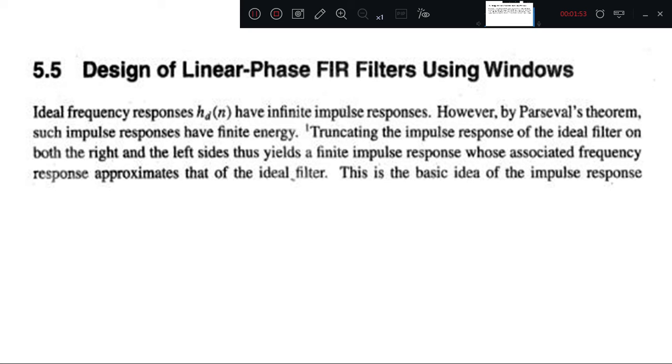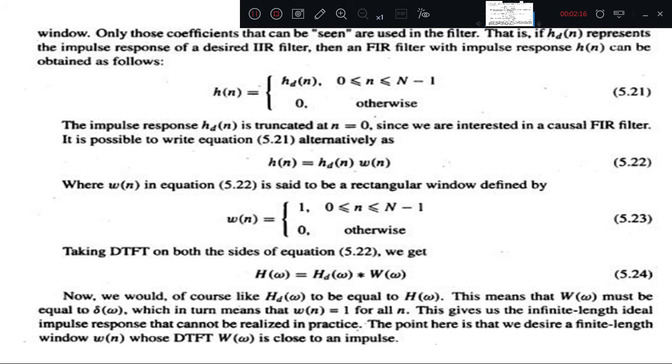So the main purpose of using the windowing technique is to limit the number of impulses in the frequency response of the IIR filter, so that you will get the linear phase characteristics in the FIR filter. So that is the basic idea of using the windowing techniques in the design of the FIR filter, right?